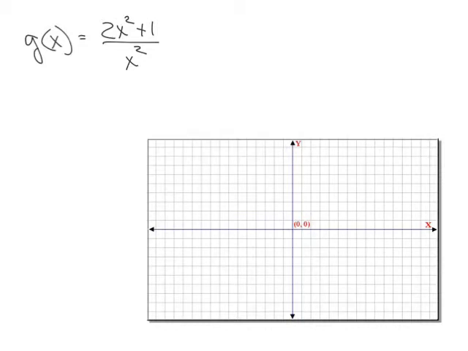In this case, it will be the y-axis, because 0 is what makes the bottom 0. So there's my vertical. Now we look and see what our horizontal asymptote is. Notice that my exponent here and my exponent here are the same. So I take my coefficients here, 2 over 1, and that ends up being my horizontal asymptote. It's 2 over 1, or 2.